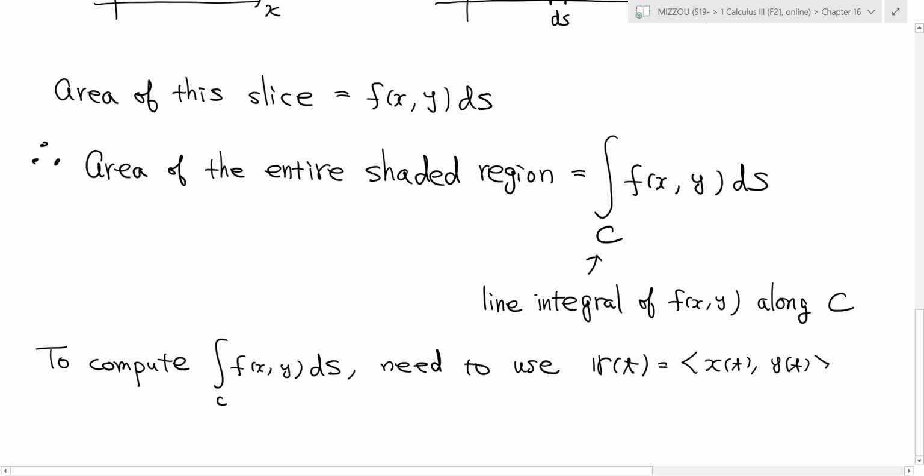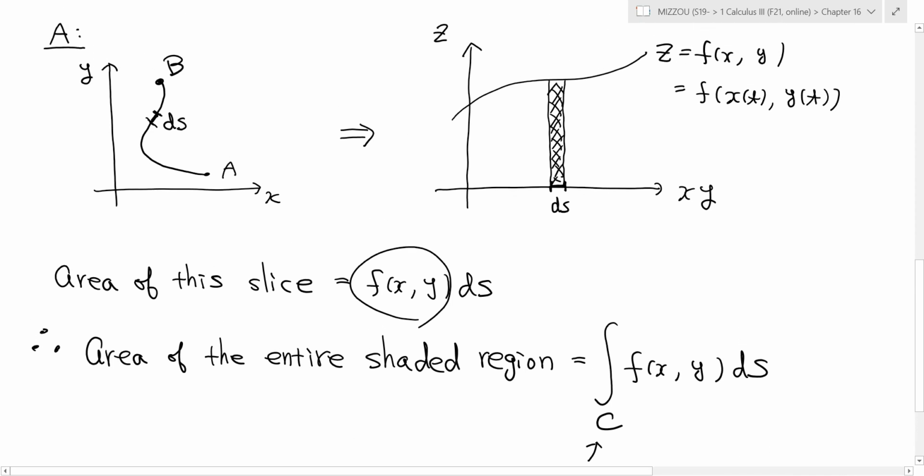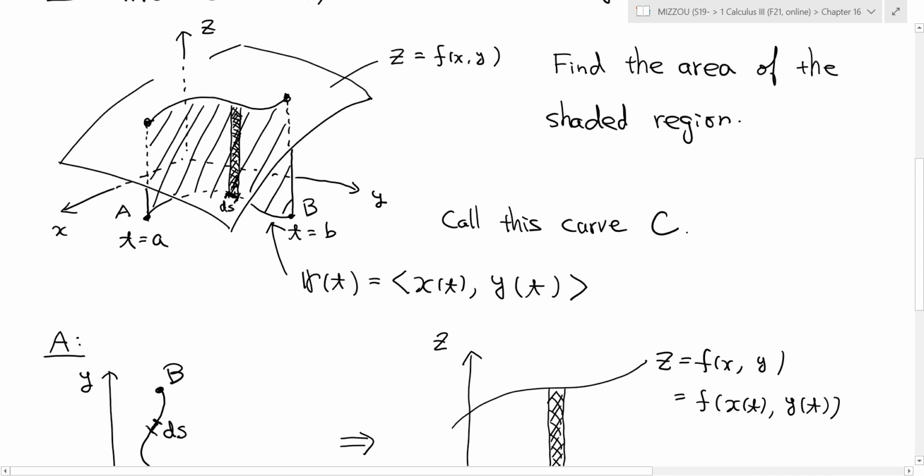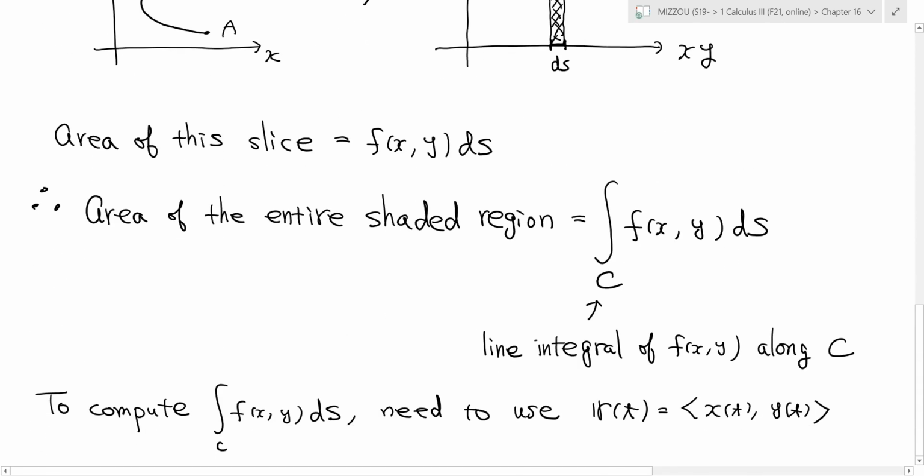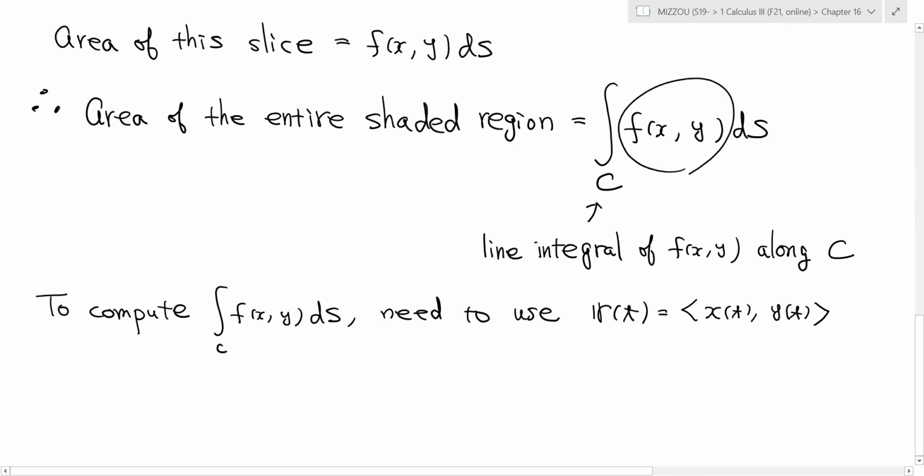And remember, strictly speaking, here f of x, y is actually f of x of t, y of t, because for each x, y, we are looking at the part of the surface that lies above the curve, and the curve is given in this way for x components and y components.